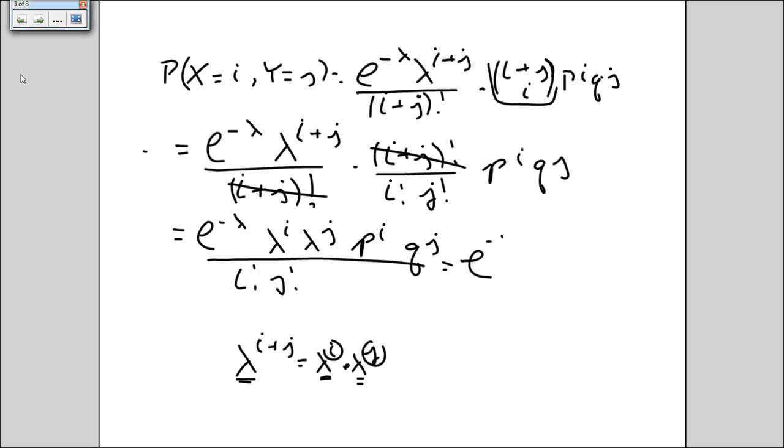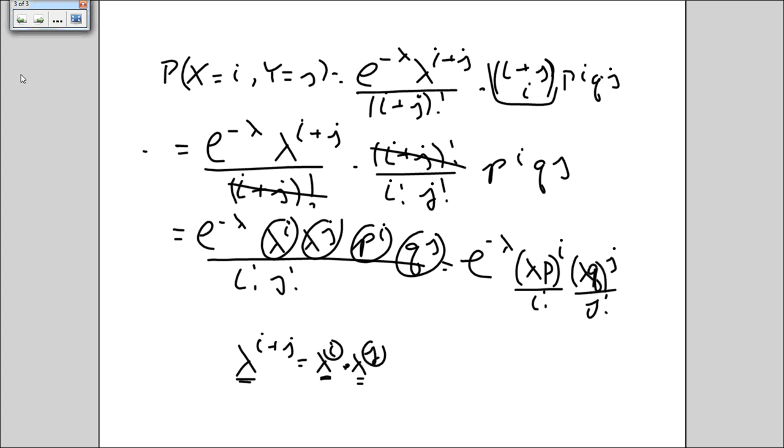I'm going to keep the e to the negative lambda here. Then I'm going to write the I's together: lambda to the I times P to the I, that's lambda P to the I. Lambda to the J times Q to the J, well, that's just lambda Q to the J, all over I factorial, J factorial. That gives us the lambda P's and lambda Q's.